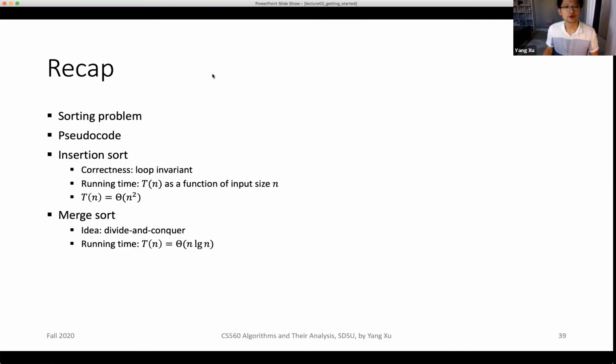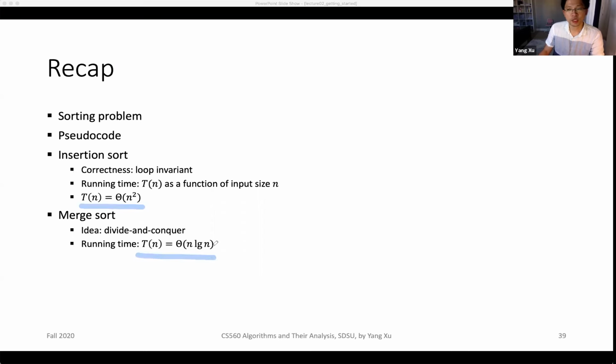All right, so as a recap of all the contents for this lecture, which is to get started with the sorting problem, we introduced the pseudocode, insertion sort, and merge sort. And the most important part is that we analyzed the running time for these two algorithms, and we have a brief idea of the big theta notation to describe the running time for the two algorithms.